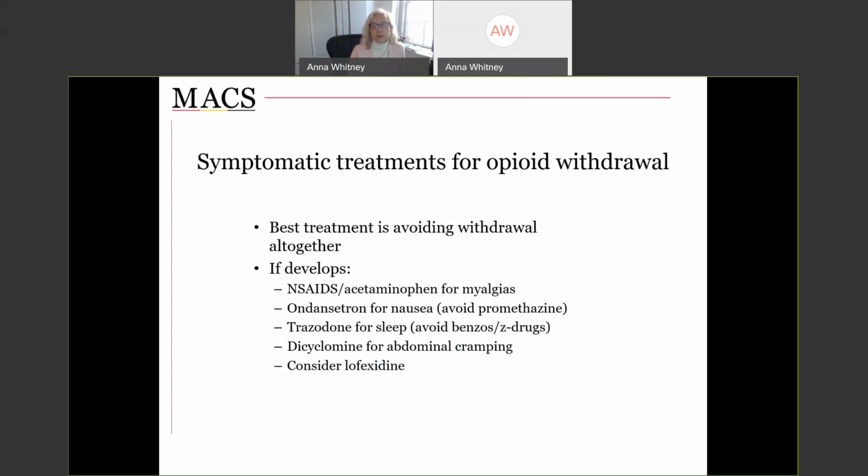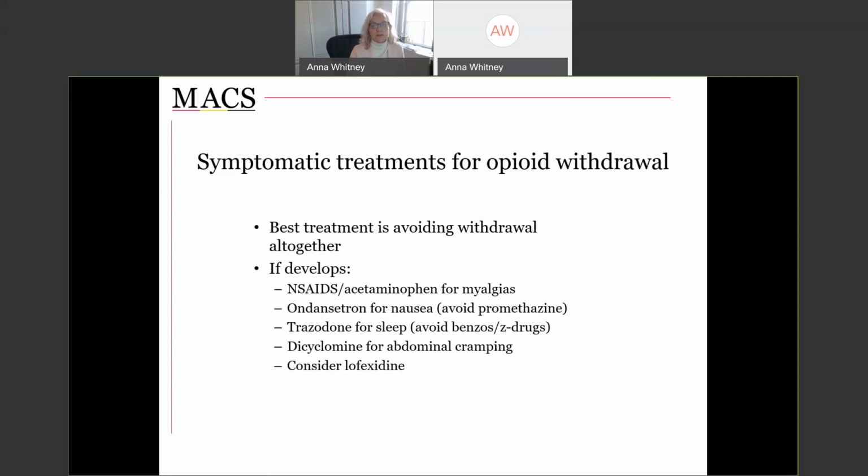I would avoid promethazine or Phenergan, given that it has more side effects than ondansetron, and particularly in a place like Baltimore, there is also some street value. And so even if the patient themselves is not at risk for diversion, there may be family members or friends or others in the household that may be. So trying to avoid that.